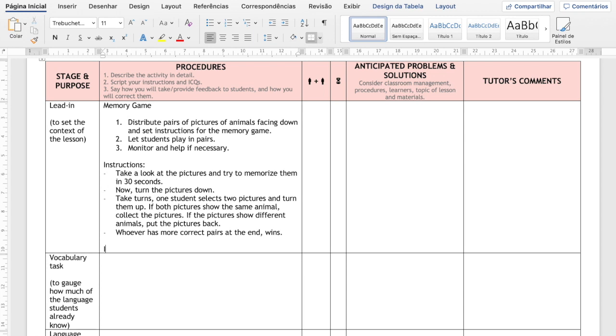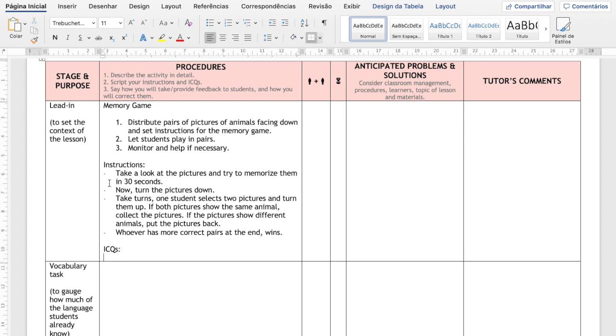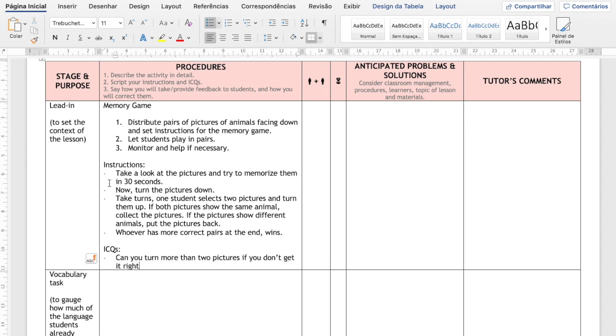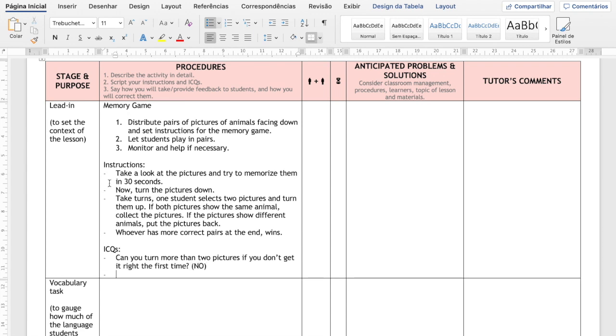Then you have to write the ICQs you're going to use. Remember, the ICQs are the questions you use to check understanding of the instructions. So for instance, can you turn more than 2 pictures if you don't get it right the first time? Remember to write the answer.